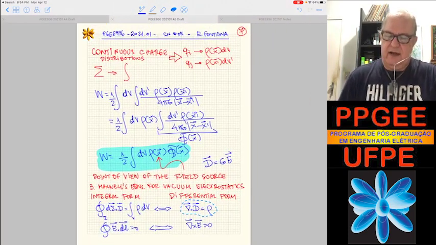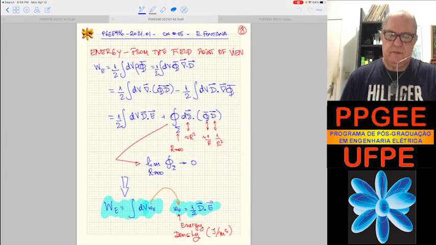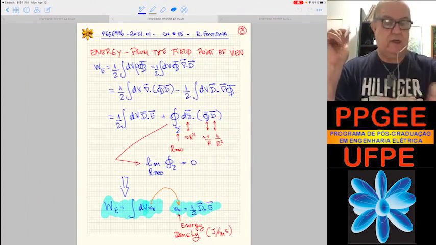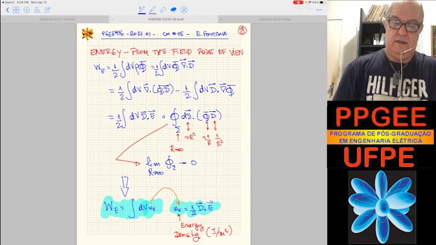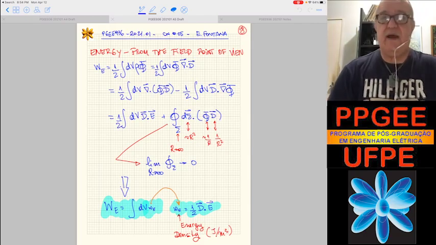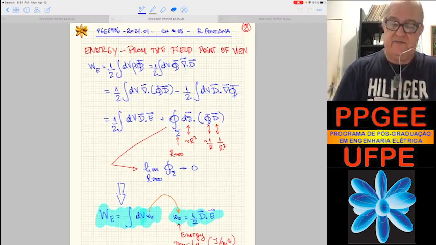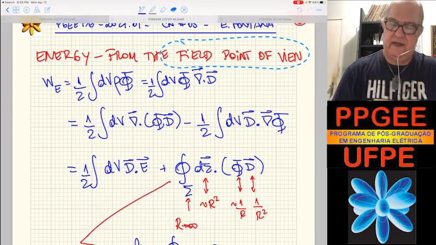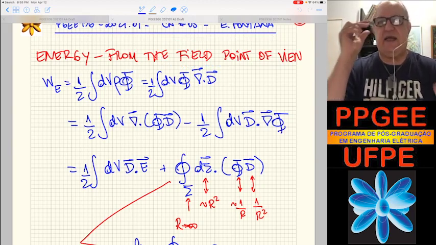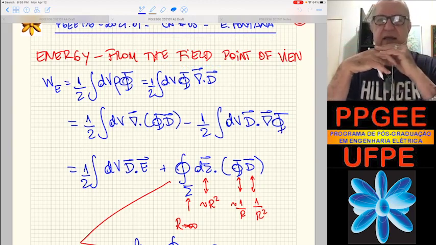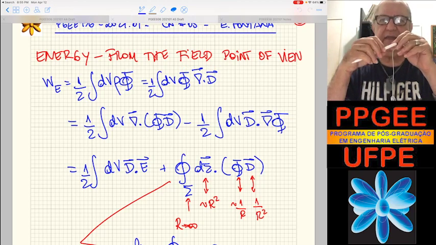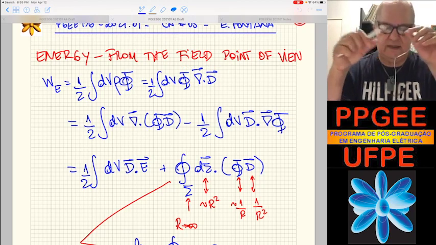Very well. Now we are going to derive the energy from the point of view of the field itself. We're going to make a change of variables in the integral expression for the energy to express it in terms of field quantities.